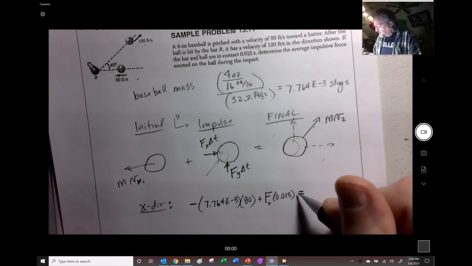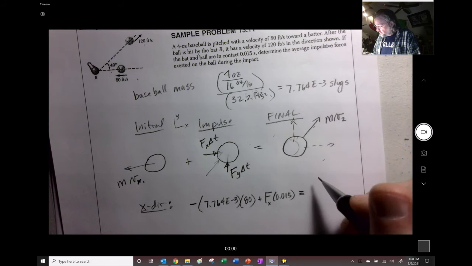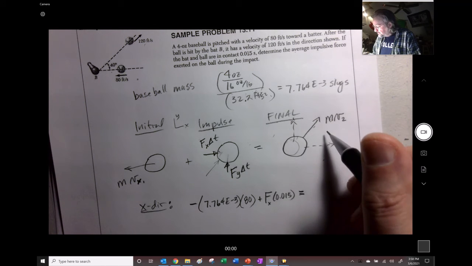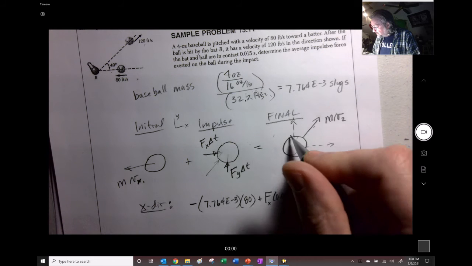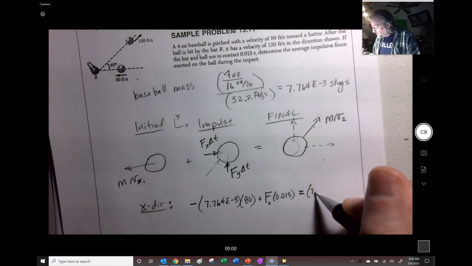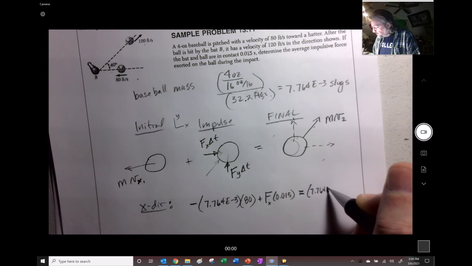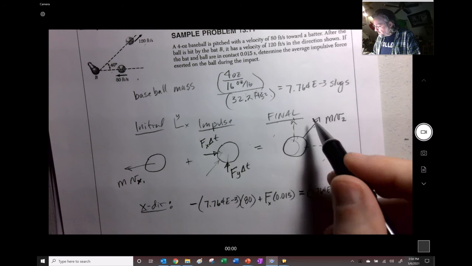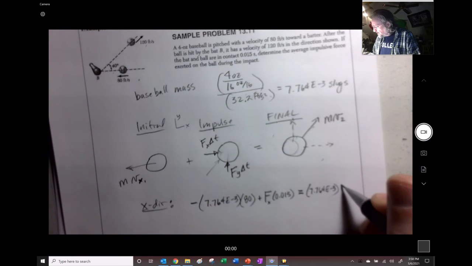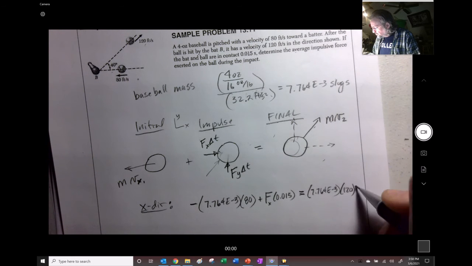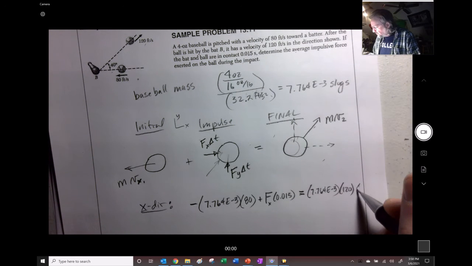It's going to be equal to positive 7.764 E minus 3. I didn't leave enough room for myself. It's going to be 120 feet per second, but it's going to be the cosine of 40.